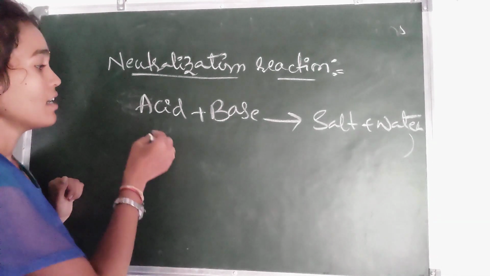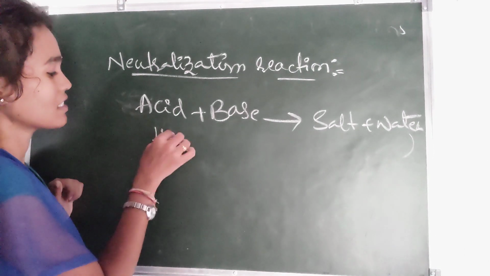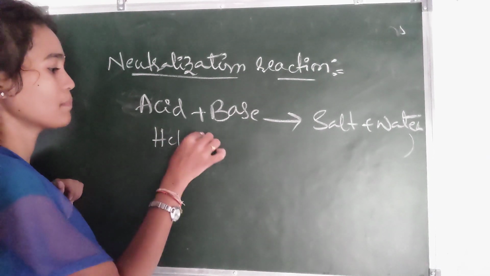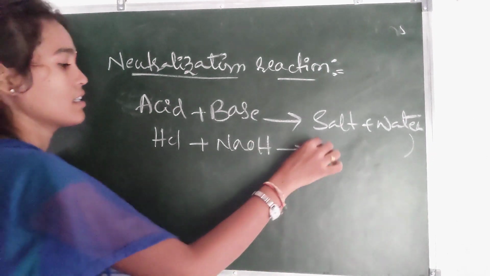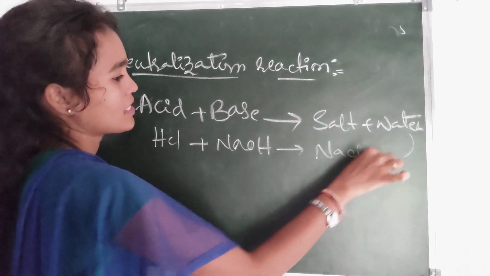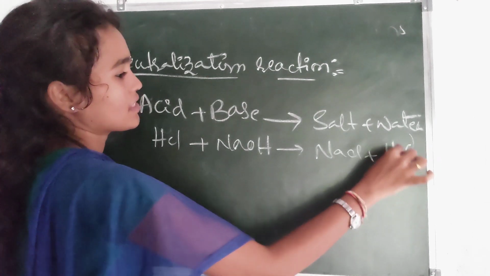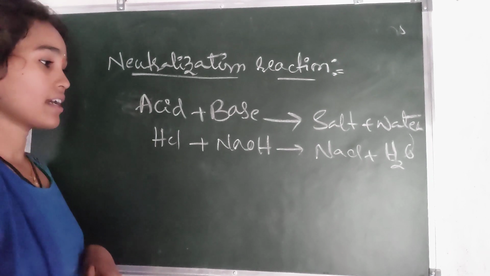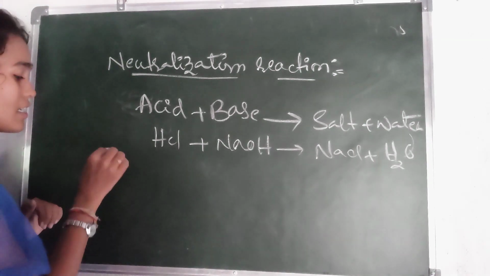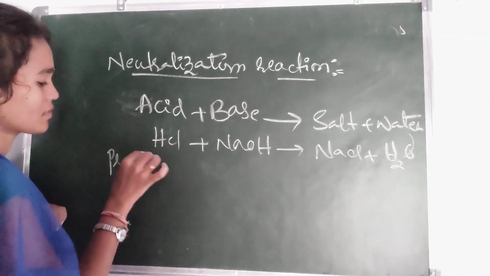So see here, acids like HCl, bases like NaOH. What has happened here? NaCl plus H2O will form. These kinds of reactions are called neutralization reactions. Okay. Precipitation reactions.